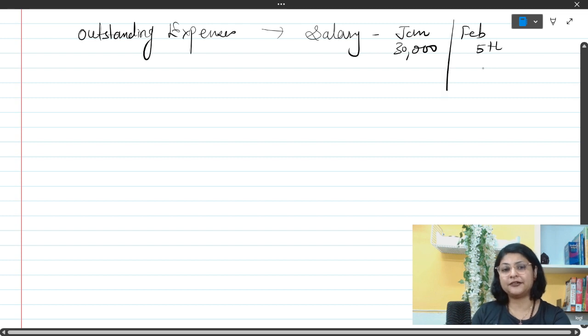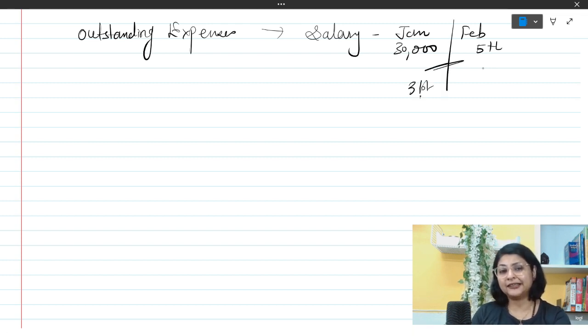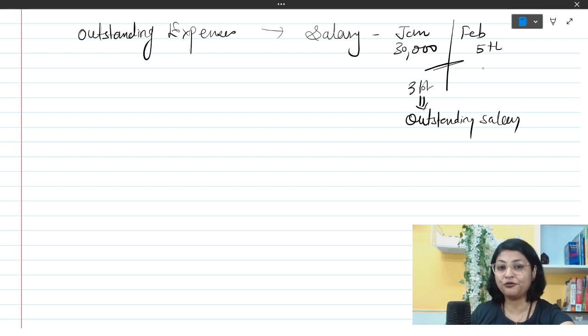So if I write my accounts at 31st of January, I am going to write this salary as outstanding salary. Why outstanding salary? Because the worker has worked throughout the month of January and now the salary is due for him, but we are not paying because we have a system of paying him in the next month. That is why we are calling it outstanding.